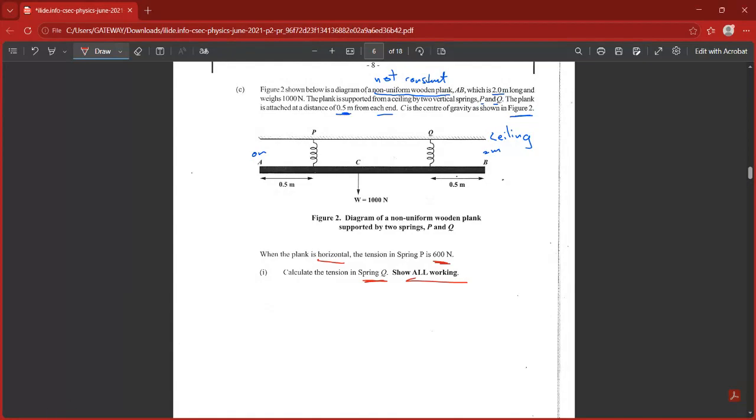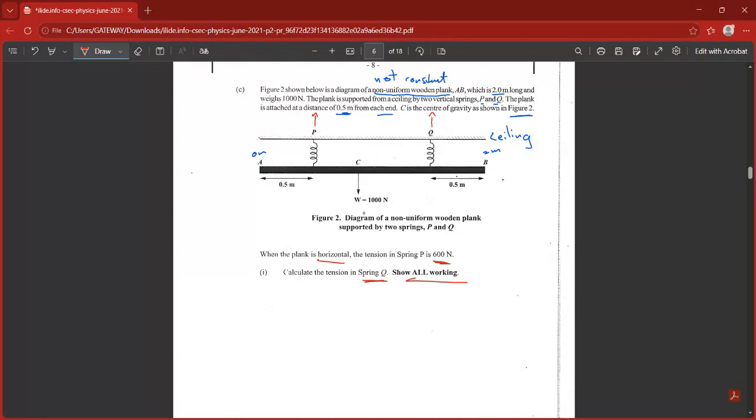How are we going about this now? Well, the springs P and Q are supporting the plank, so these are considered as upward forces. So I'm putting a straight line and an arrow upward at P and at Q here, right?